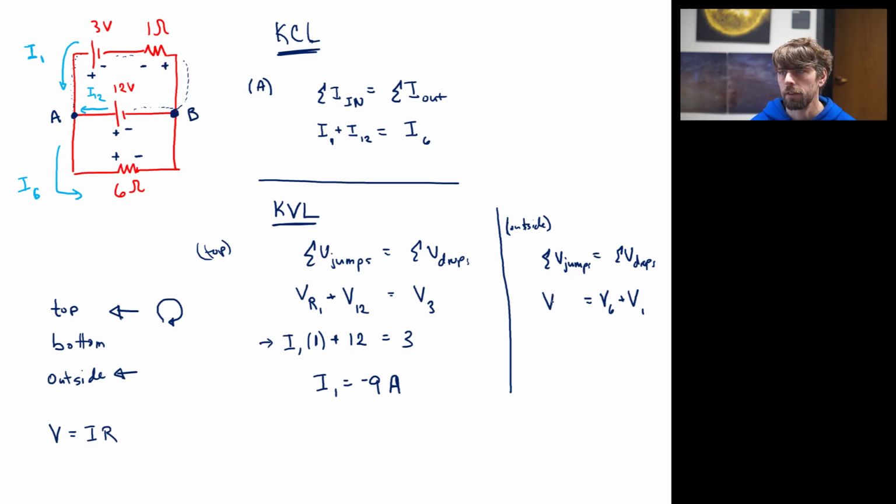So on this side, the 3-volt battery, and I keep going, and I'm back to my original starting location. So we're done. I'll again use Ohm's law. Here we have 3 volts, that's just the battery value. I have the current going through the 6 ohm resistor times 6 ohms, plus the current going through the 1 ohm resistor times 1 ohm.